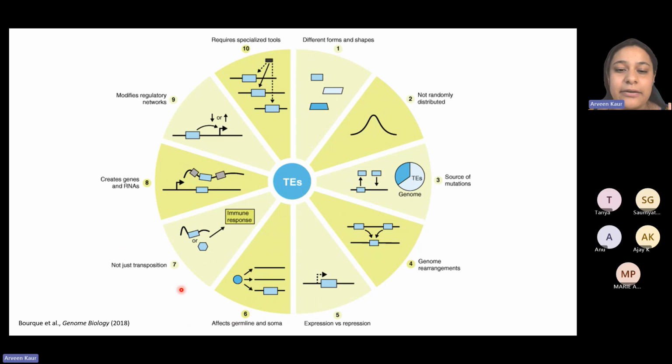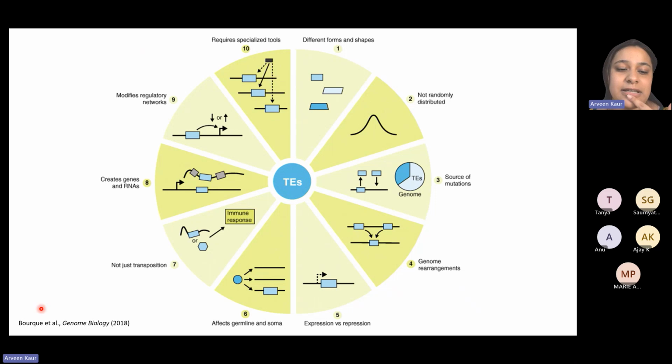They might also induce immune responses because they are capable of making proteins, non-coding RNAs or proteins, right? They also create genes and RNAs. They can modify regulatory networks by settling on a specific regulatory sequence. And they also require special tools to jump from one place to another, right?